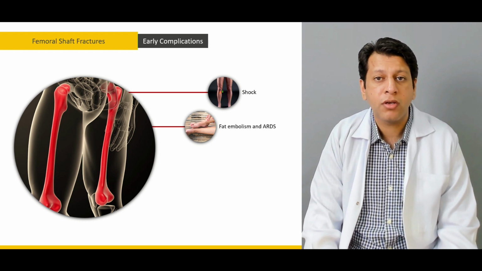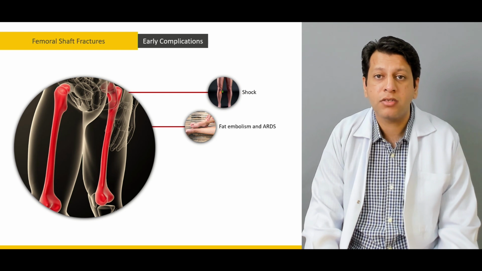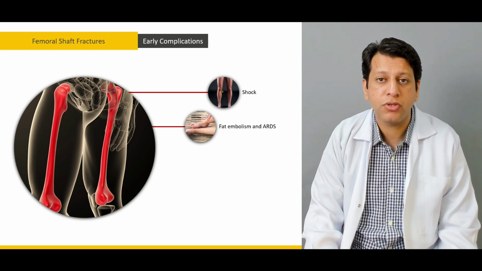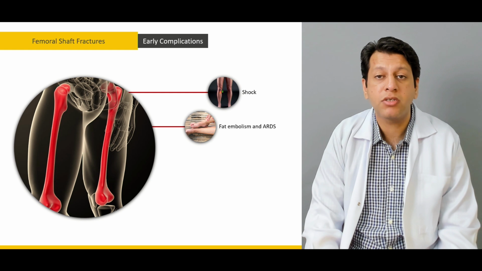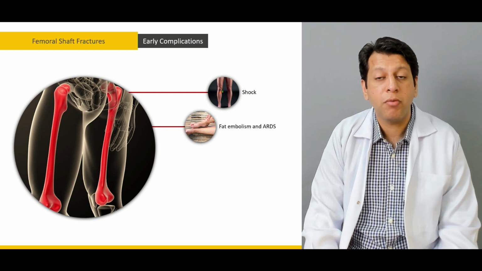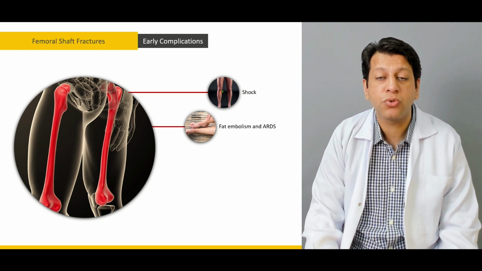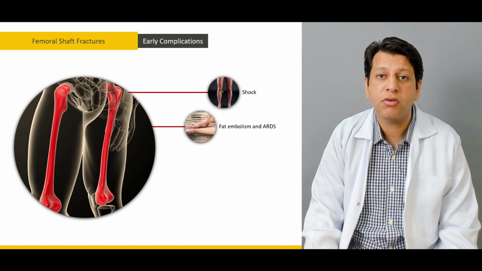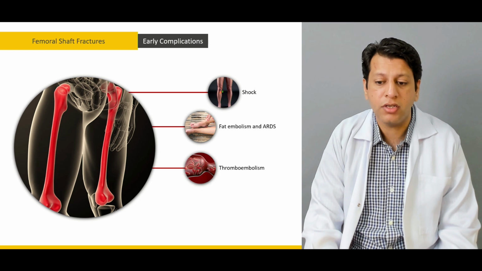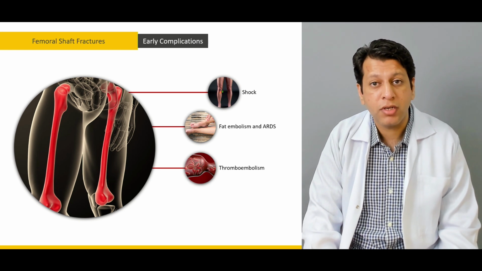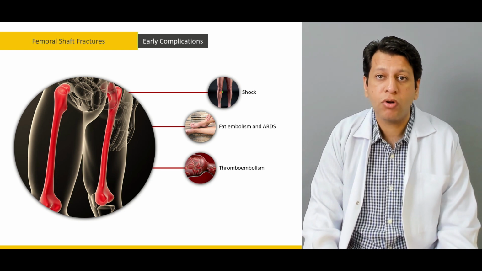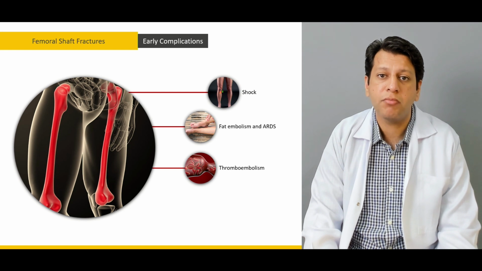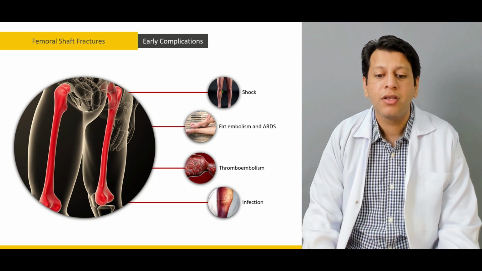Fat emboli may be deposited into the bloodstream during the fracture, which may cause problems, or this may be associated with acute respiratory distress syndrome, which may become visible later, within the first week after the injury. Then there are thromboembolic phenomena. A patient may have a thrombus which may be dislodged and eventually lead to thromboembolism.